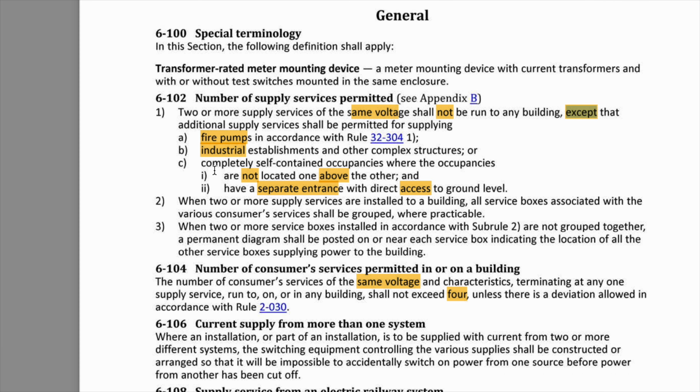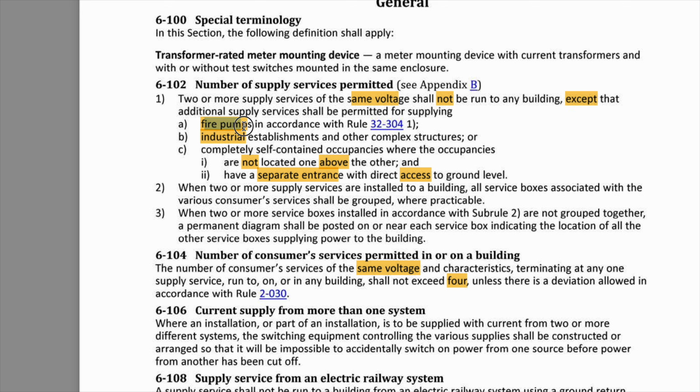If we use it for fire pumps, no problem. Industrial locations or buildings, no problem. Or completely self-contained occupancies where the occupancies are not located one above the other. If they are not above each other and have a separate entrance, it is acceptable.